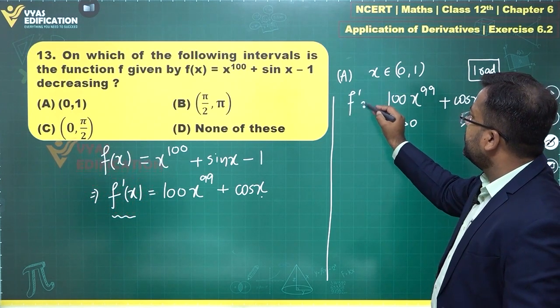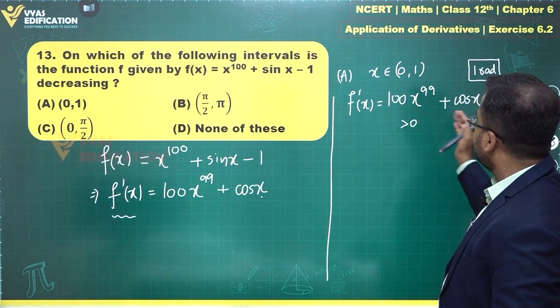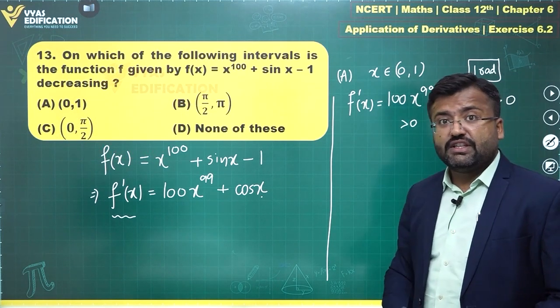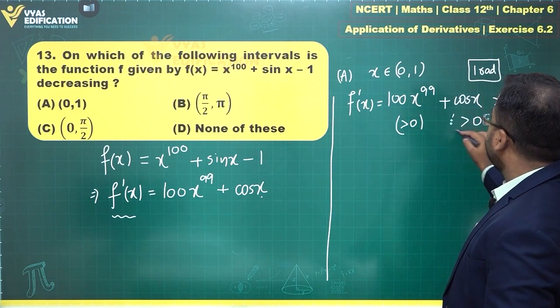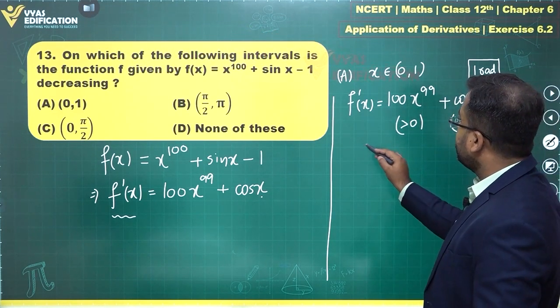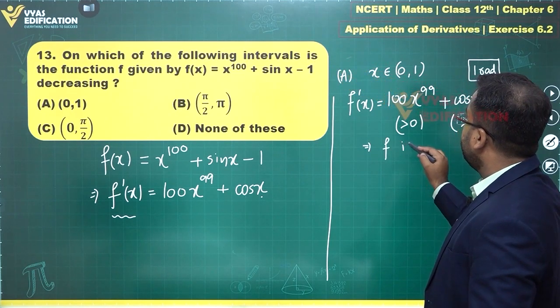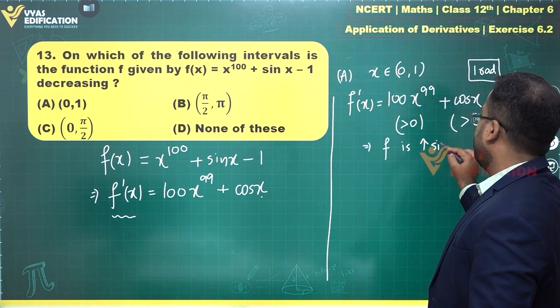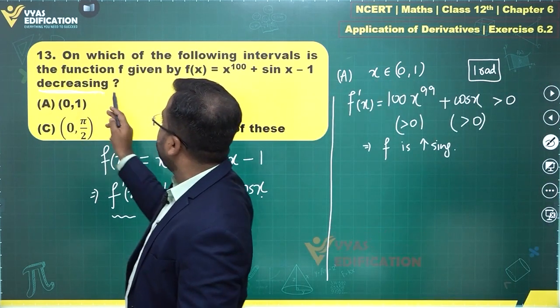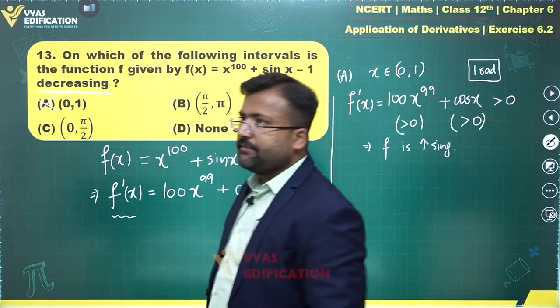You can observe that f'(x) is overall greater than 0 since this is positive and this is positive. Therefore, we can say that f is increasing. But we were looking for decreasing, so A is not the correct answer.